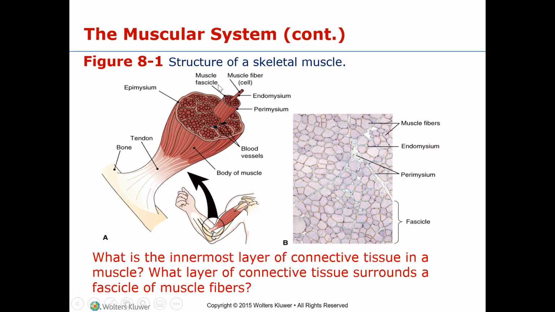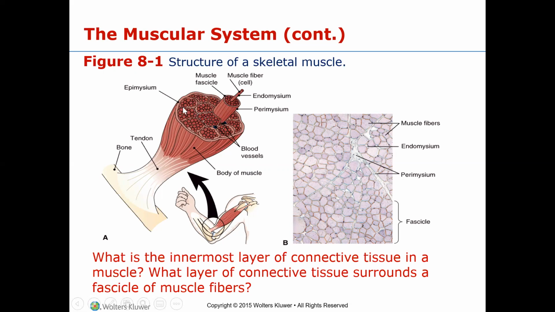And that whole system of muscle fiber cells that are being encased in the perimysium is known as a muscle fascicle. Then we have a bunch of fascicles, one after the other, all being bound by that covering of tissue known as the perimysium.